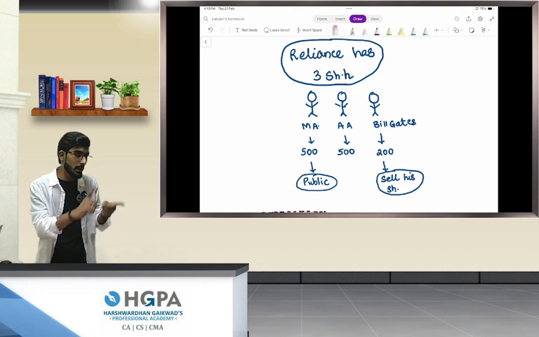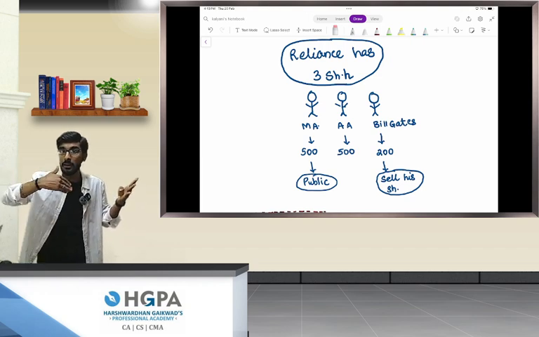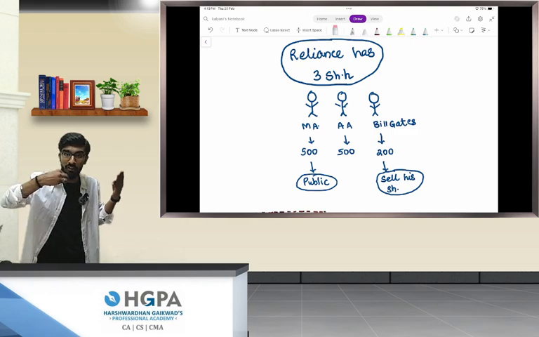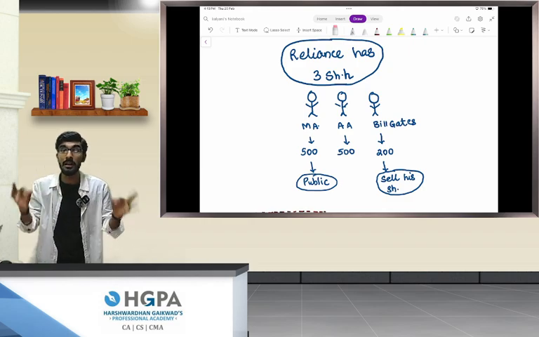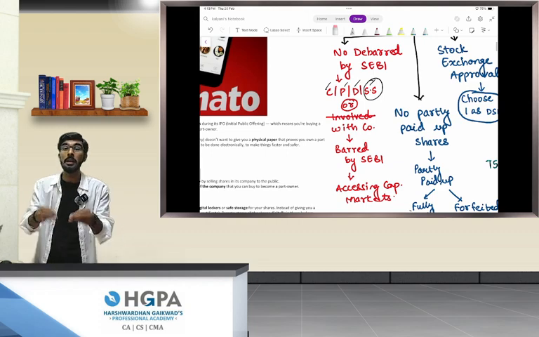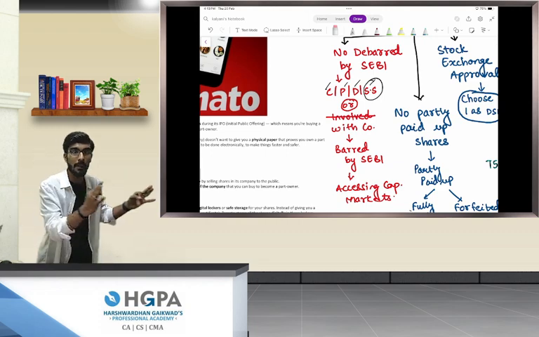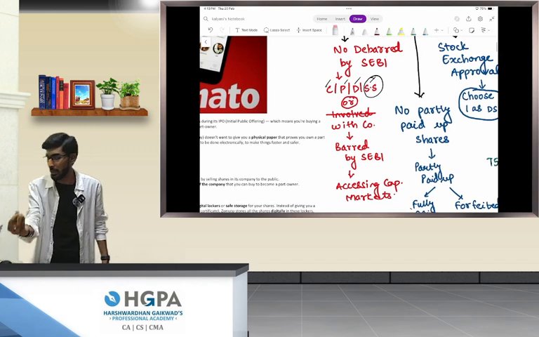If a company issuer, promoter, director, or the selling shareholder, the shareholder of my company who is selling his shares to the public, he should not be debarred by SEBI or be involved with companies debarred by SEBI from accessing the capital market. This is the point I was trying to tell you.